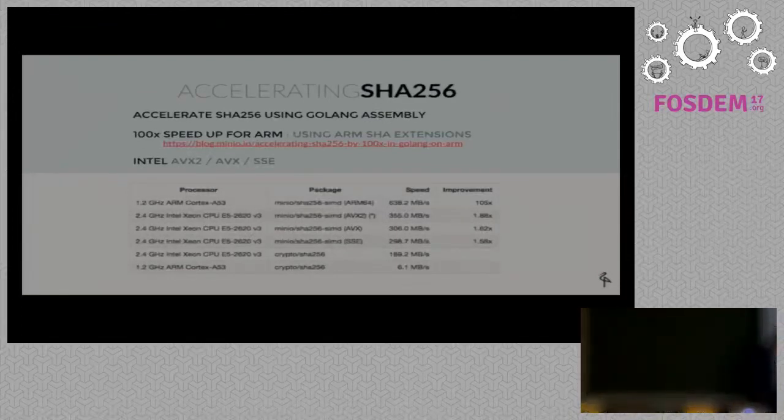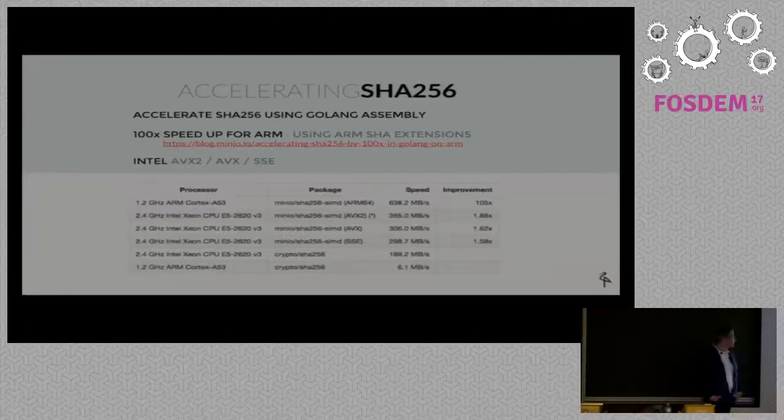The AVX2 comes in at about 355. Then the AVX is running around 300. SSE is still a little bit lower than that. And these are actually the Go versions. So if you do Go on the Intel Xeon platform, you get about 190. And the last one is the ARM version.